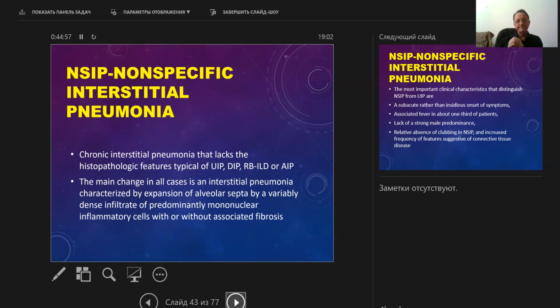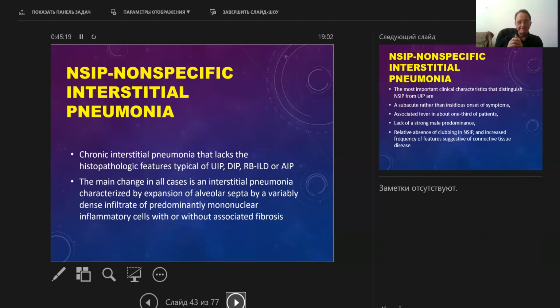Clinical forms. It's non-specific interstitial pneumonia, a chronic interstitial pneumonia. We should make such a diagnosis if we lack histopathological features of typical usual interstitial pneumonia.